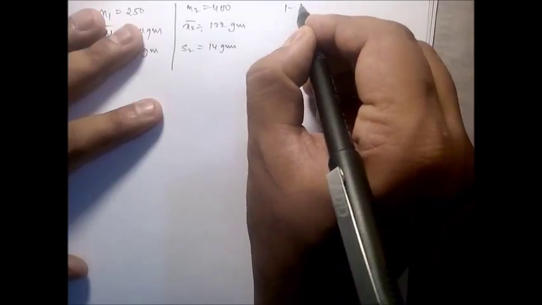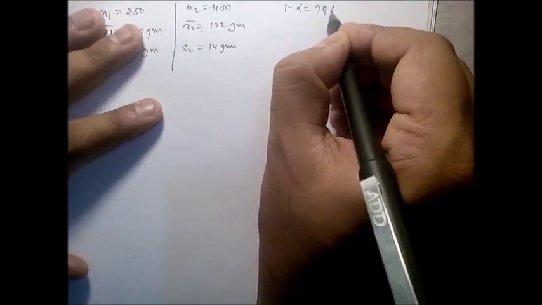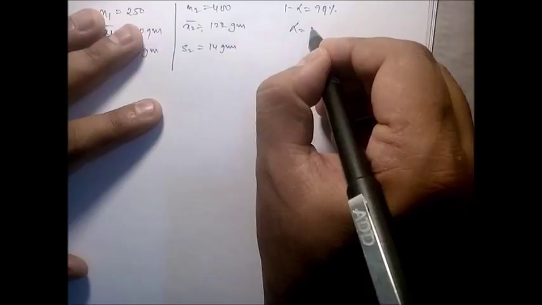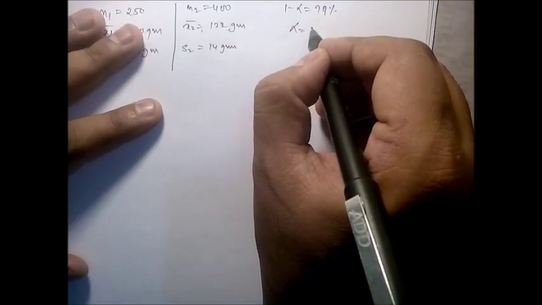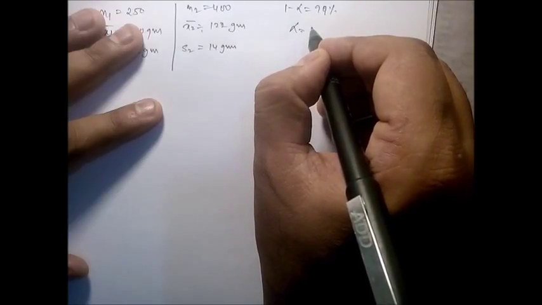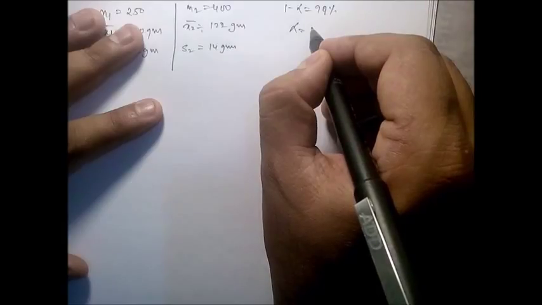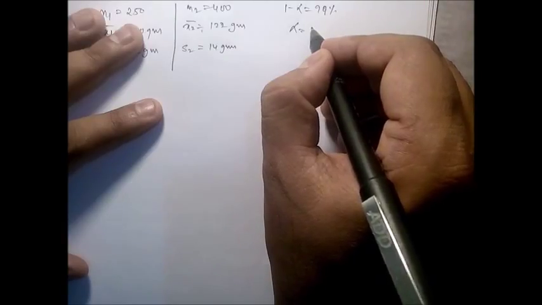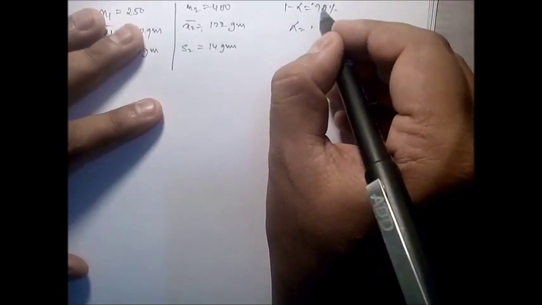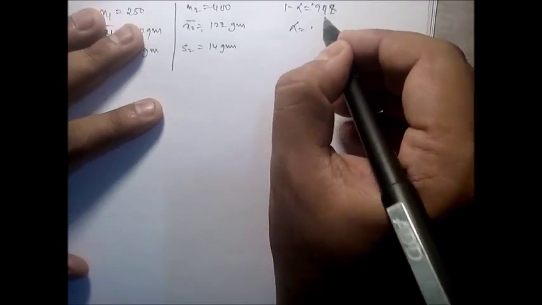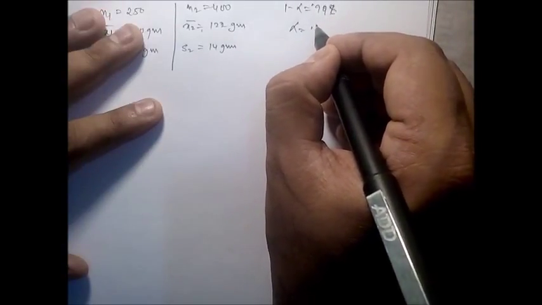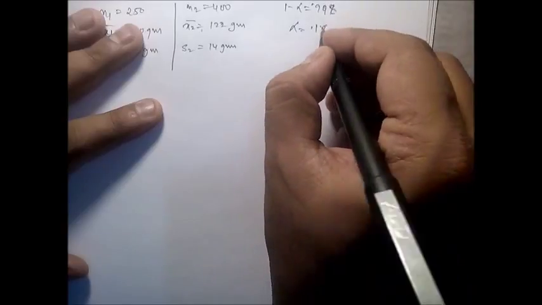So level of confidence is 99%. That means alpha is equal to what? 1 minus alpha is equal to 0.99, means alpha is equal to 1%.